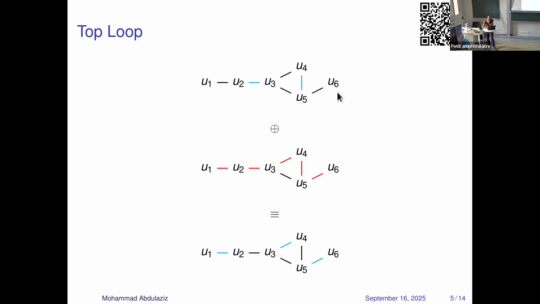And every two consecutive edges satisfy the condition that I told you: one of them is in the matching and the other one is not. So this one is not in the matching, this one is in the matching, this one is not, and so forth. If you take the symmetric difference between the matching and this set of edges in the augmenting path, you will have a matching that is one edge bigger, so a matching of cardinality 3.